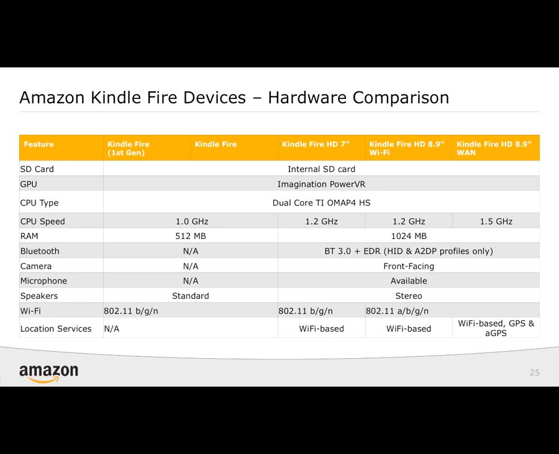The hardware is, again, pretty similar across our newer devices, particularly the HD devices. The big difference is we've got a lot more memory on the HD devices than we do on the standard definition devices. We also have a front-facing camera on the long edge on the right-hand side of the HD devices.